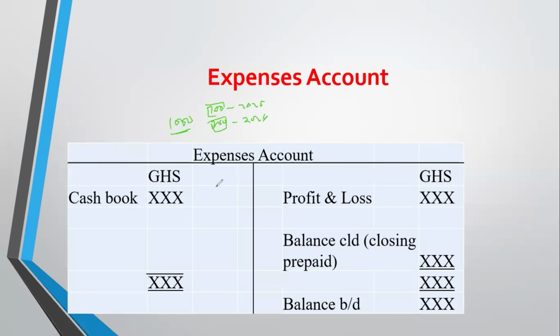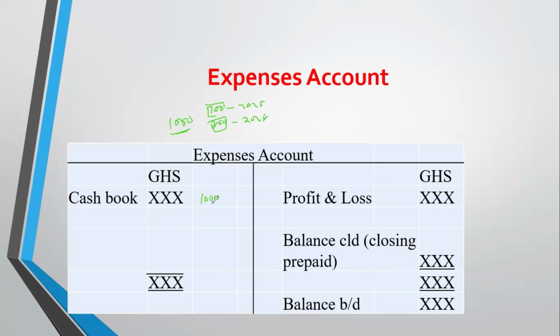We paid for expense, which is 1,000 Ghana cedis. So we credit our cash book and we debit our expenses account. And there was a prepayment out of this 1,000 Ghana cedis. 300 cedis is not for the current year, it is for the next year.